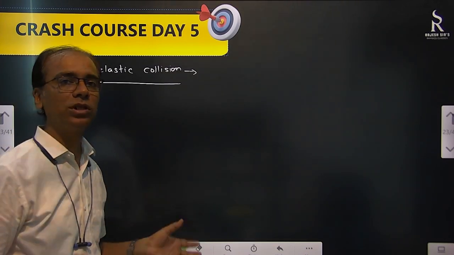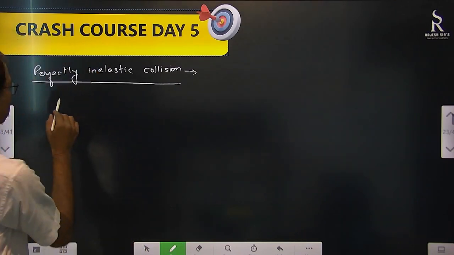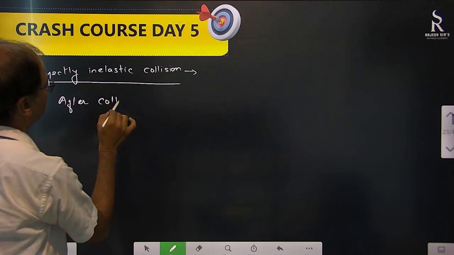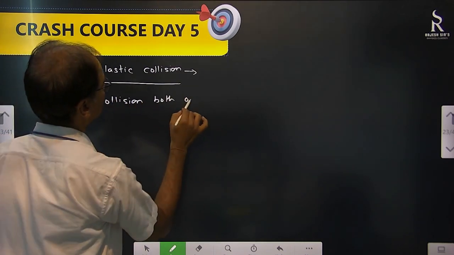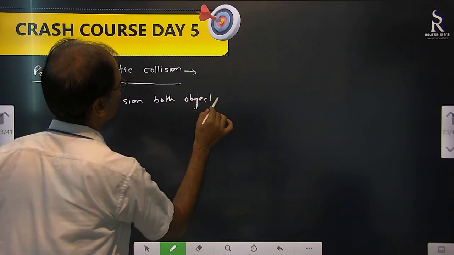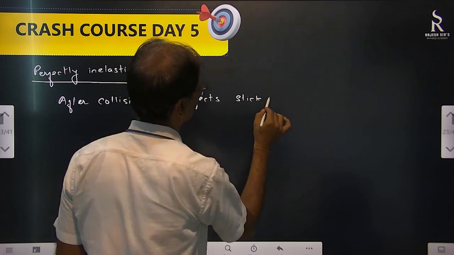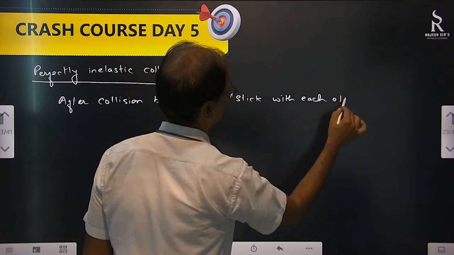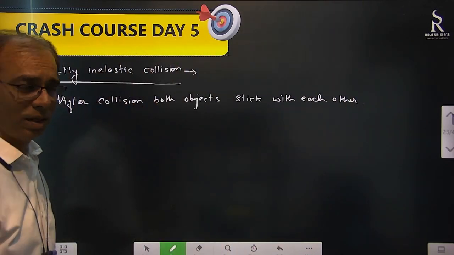Normally we say that both stick with each other. After collision, both objects stick with each other. That means they will have the same velocity.